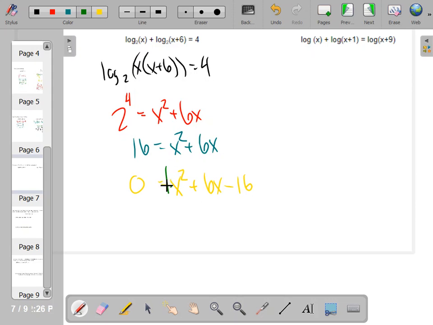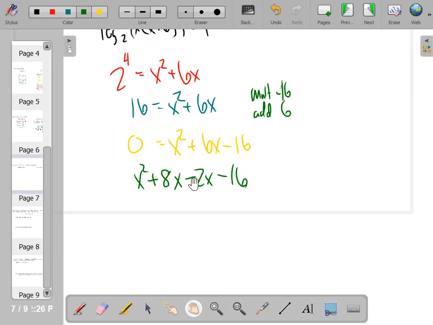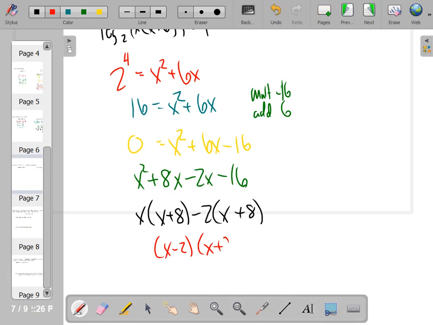What multiplies to negative 16 and adds to 6? That would be plus 8 minus 2. So I'm splitting the middle with the numbers that meet this criteria. Now I have x plus 8, minus 2. This is called factoring by grouping. And my factors are x minus 2, x plus 8, and I want to know when they equal 0.